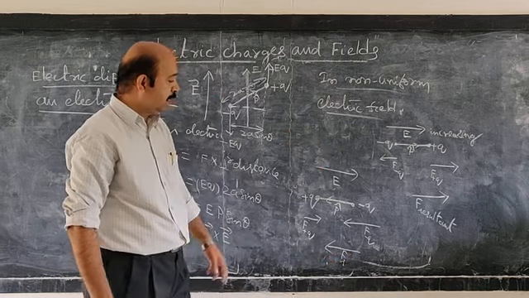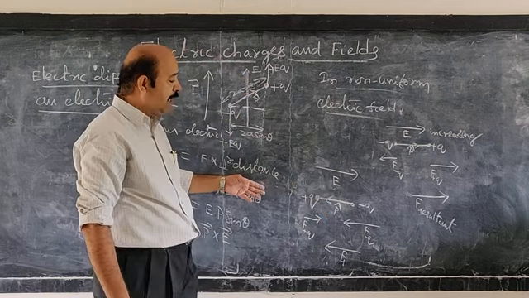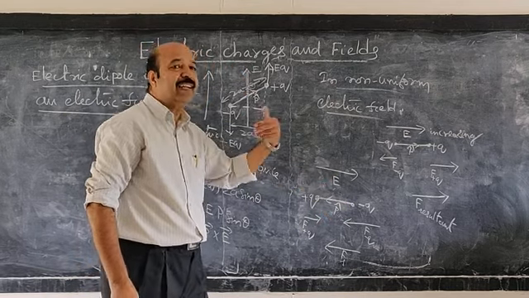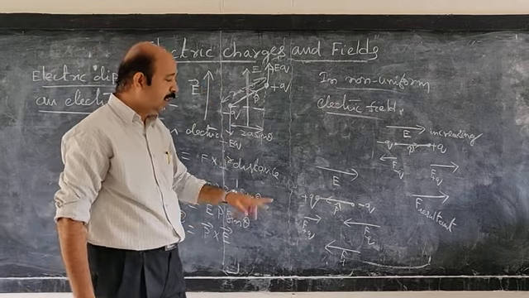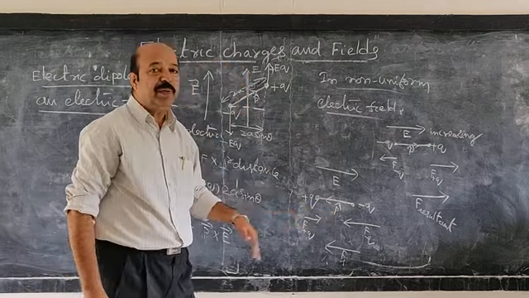So the resultant force in this case will be opposite to the direction of the increasing electric field. That means in the decreasing direction. The resultant force on the dipole in such a case will be in the decreasing direction of the electric field.